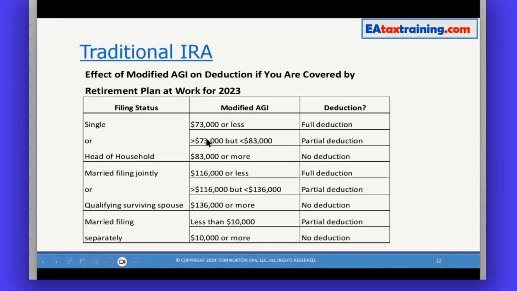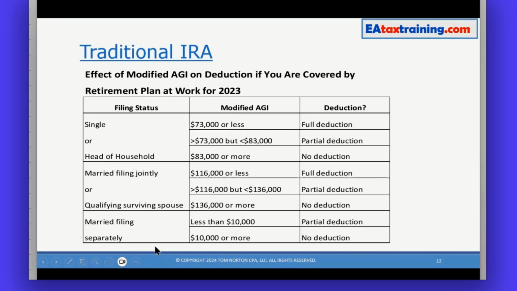If your modified AGI is between $73,000 and $83,000, then you get a partial deduction. So the deduction phases out between $73,000 and $83,000. Then you can see for married filing jointly and qualifying surviving spouse, it's $116,000 or less, full deduction, $136,000 or more, no deduction, in between, partial deduction.